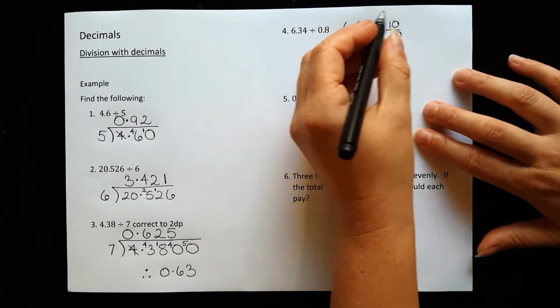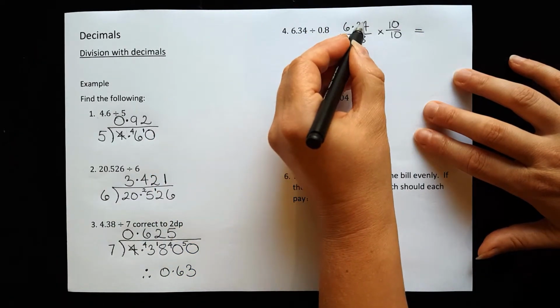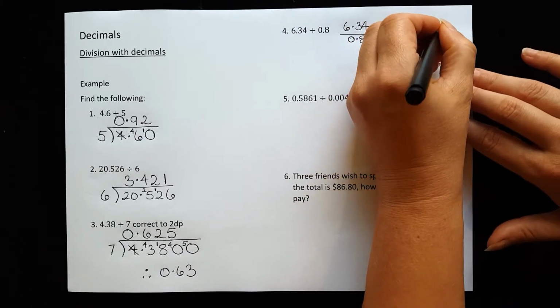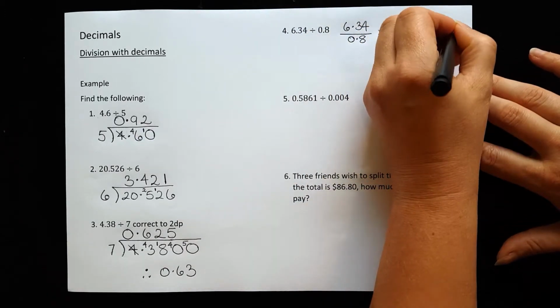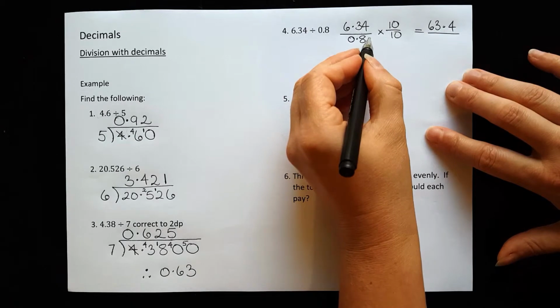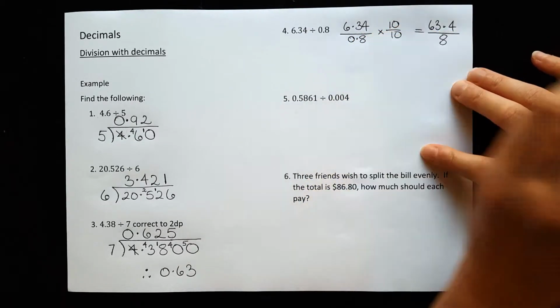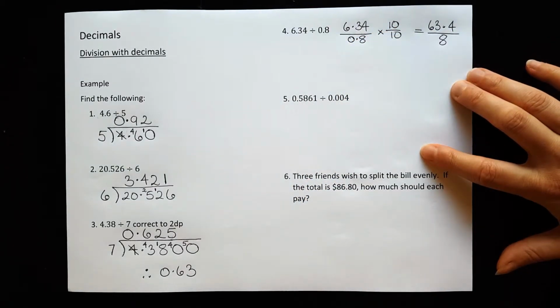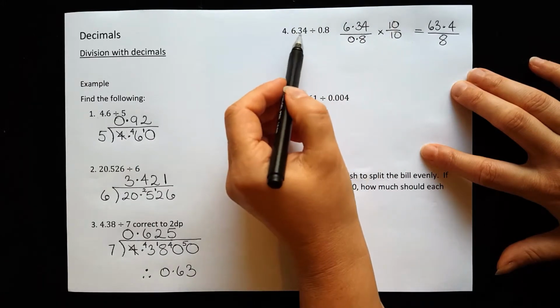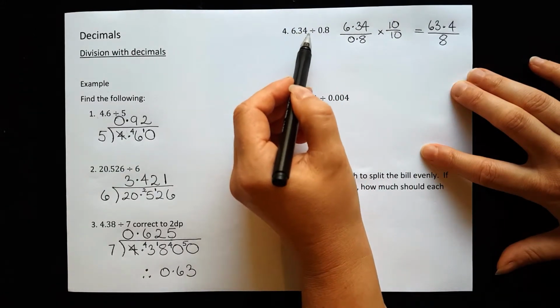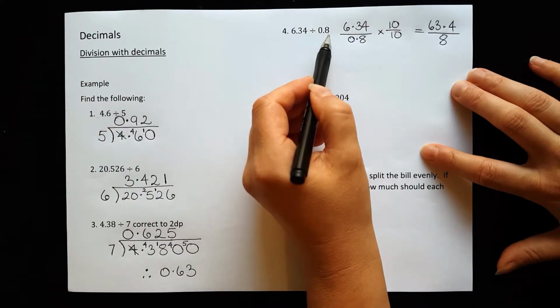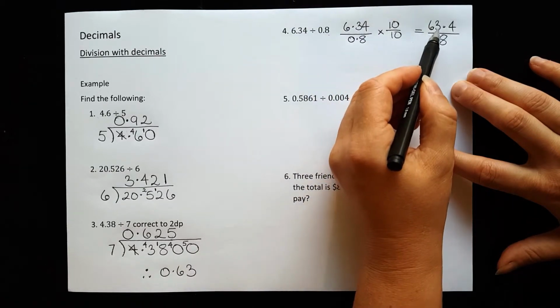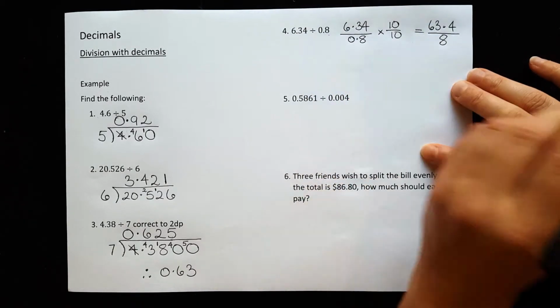So multiplying by 10 on the top jumps 1 place, which will give me 63.4. On the bottom, jumping 1 place, it gives me a nice whole number, 8. Okay, so really this here, 6.34 divided by 0.8, is actually the same as 63.4 divided by 8.